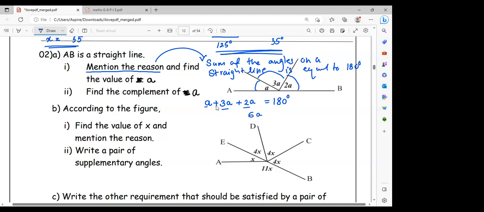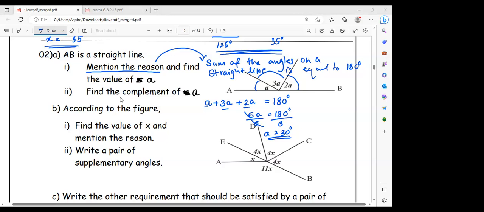A plus 3A is 4A, 4A plus 2A is 6A, equals 180. Then divide both sides by 6. Then A is equal to 30 degrees. Did you get that answer? Yes, Dilon has got that answer. Very good. 30 degrees.